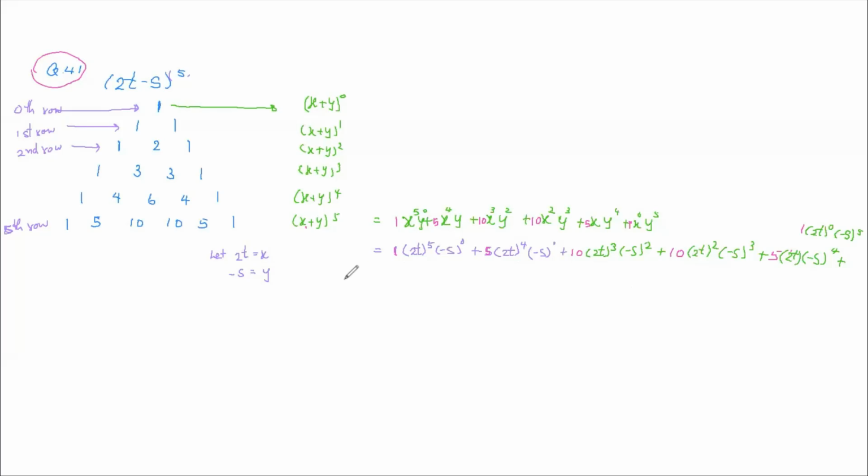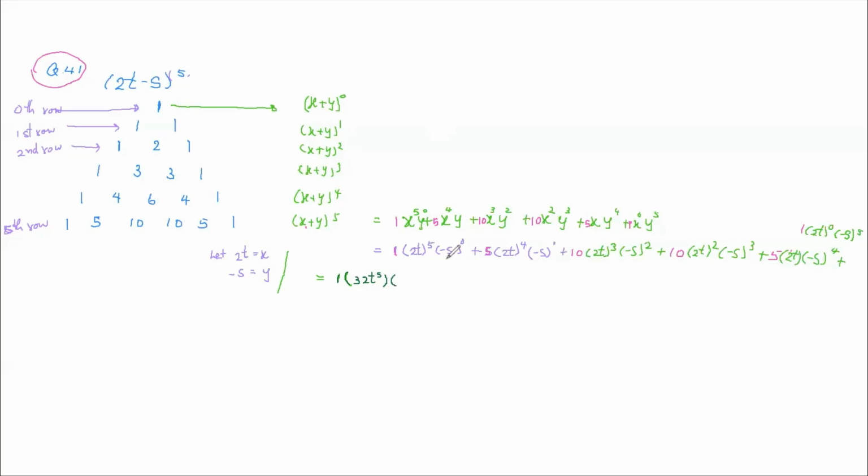Now I need more space, so I move down here. Now we simplify, right? From here we simplify, so it becomes 1. Next, first is 1 times 2t power 5. 2 power 5 is 32, right? And t power 5. We do it step by step, okay?